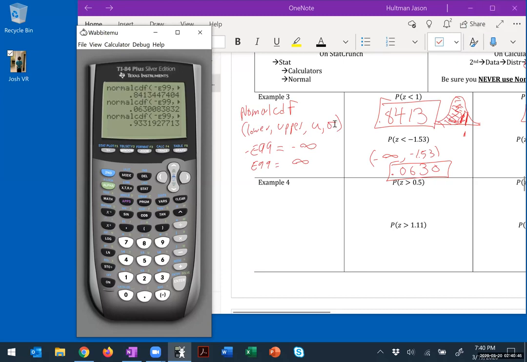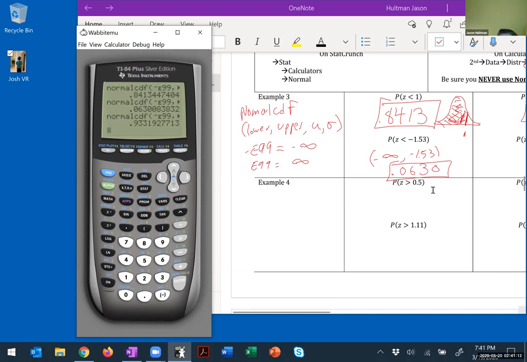Yes. Sigma is just the standard deviation. For a z-score, it's 0 and 1. So it's just lower bound, upper bound, 0, 1 for what we're doing so far. Oh, okay. It's always 0 and 1. Well, if it's a z-score. We'll move in a second to when it's not a z-score.